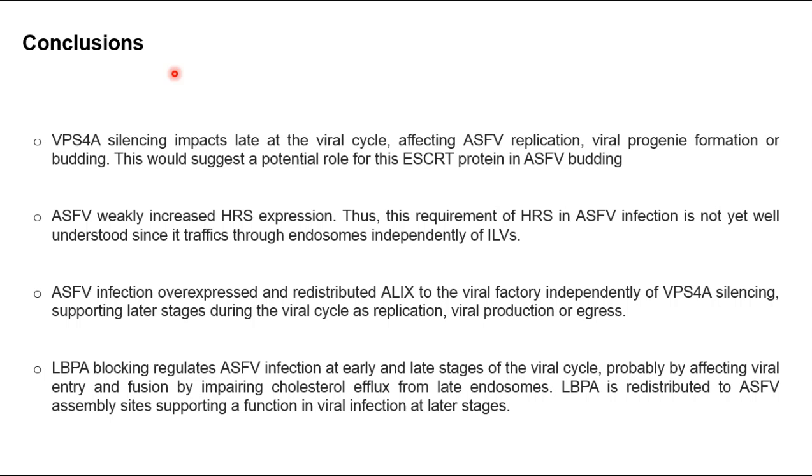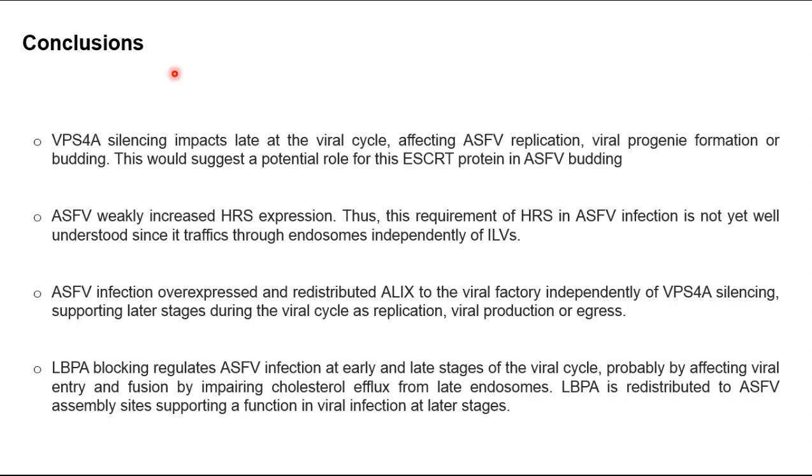African swine fever virus infection overexpresses and redistributes ALIX to the viral factory independently of VPS4A silencing, supporting a role in later stages of the viral cycle such as replication, viral production, or viral egress. LBPA blocking regulates African swine fever virus infection at early and late stages of the viral cycle, probably by affecting viral entry and fusion, by impairing cholesterol efflux from late endosomes.